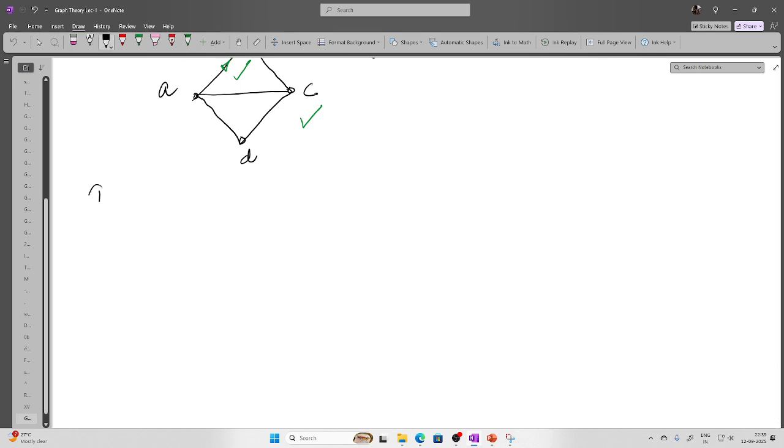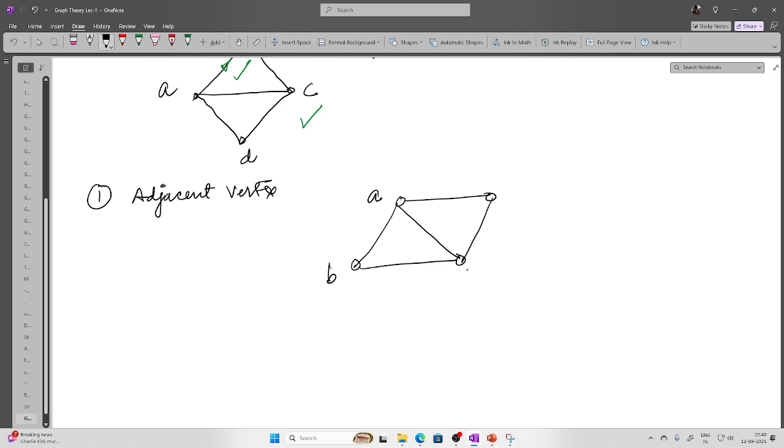The first one is adjacent vertex. Sometimes also called as connected vertices. So, what is an adjacent vertex? So, to understand it, consider a graph A, B, C, and D. And let us focus on this vertex A. Now, this vertex A is connected to how many vertices?